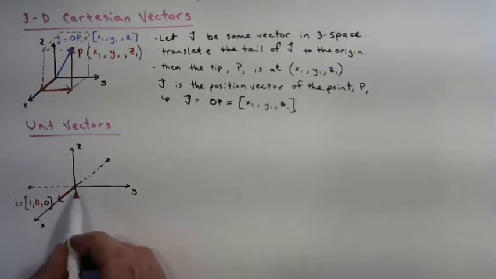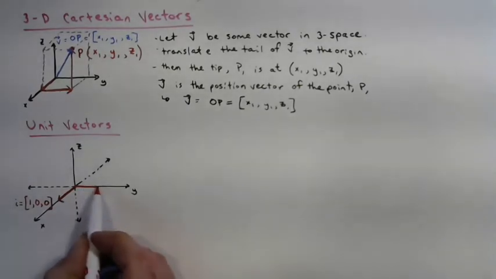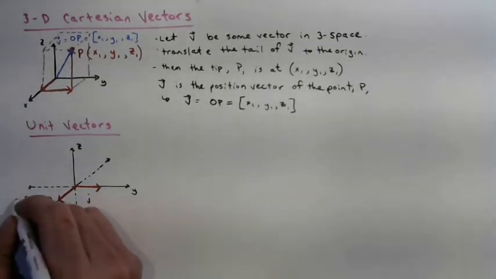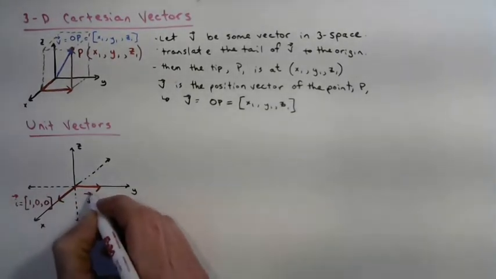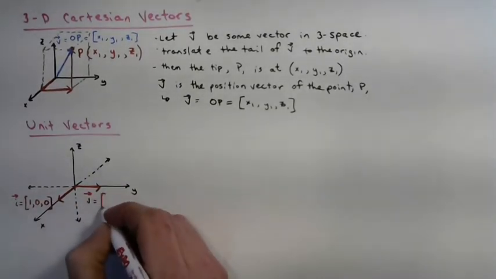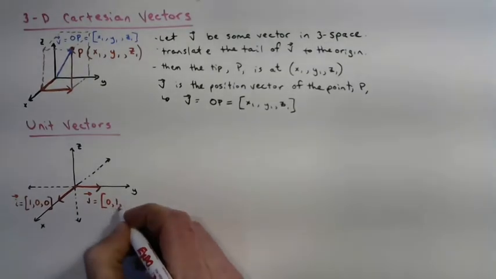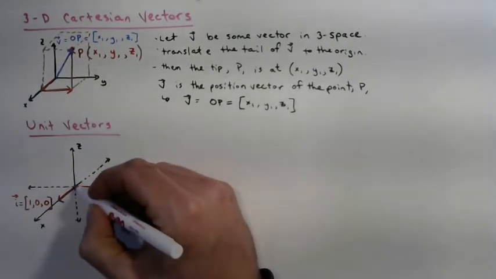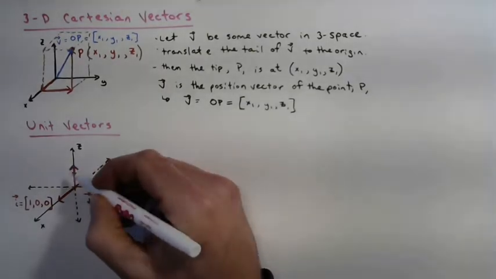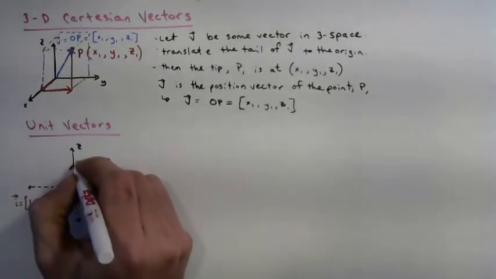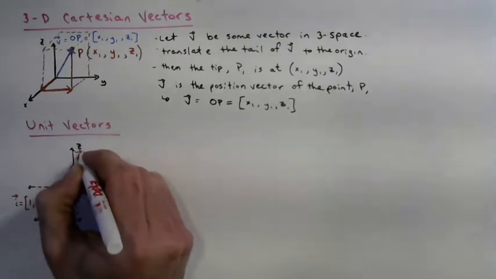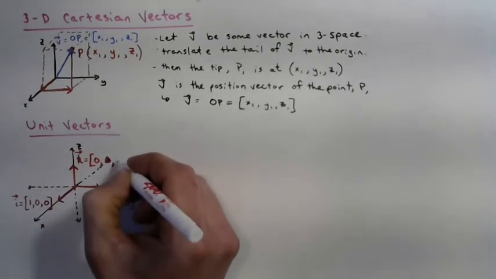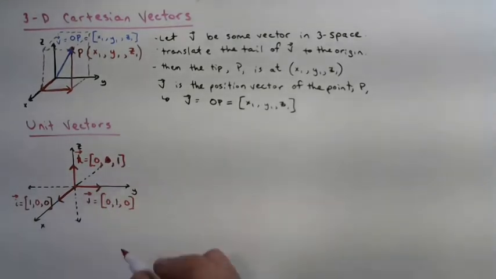We're going to do that for all of them. The vector j, let me give our vectors arrows, j is 0 in the x direction, 1 in the y direction, 0 in the z direction. And the unit vector k is 0 in the x direction, 0 in the y direction, 1 in the z direction.